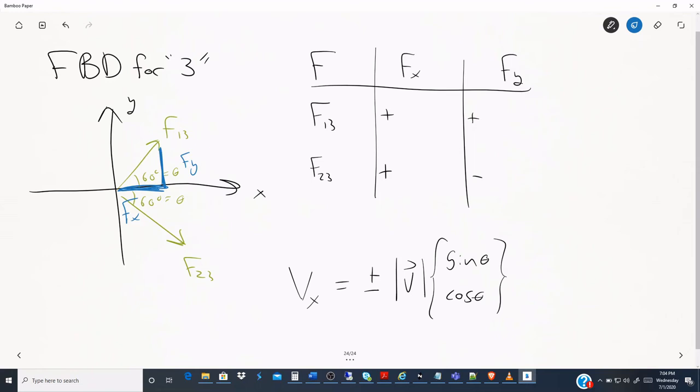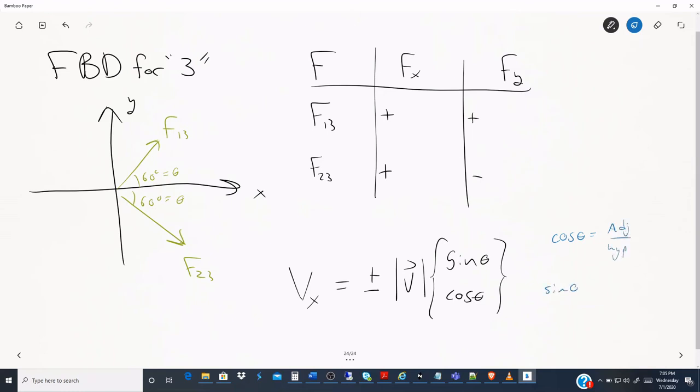And you can see that the x component, the horizontal piece, is adjacent to this angle of 60 degrees, whereas the y component is opposite to that angle. So for the x component, I would use cosine of theta, because cosine of theta is adjacent over hypotenuse.